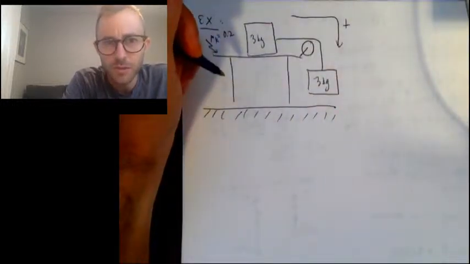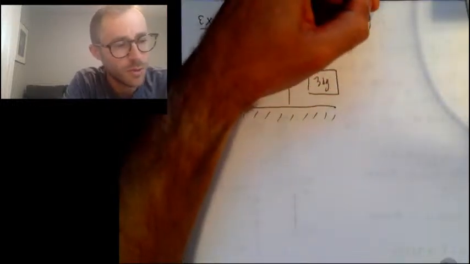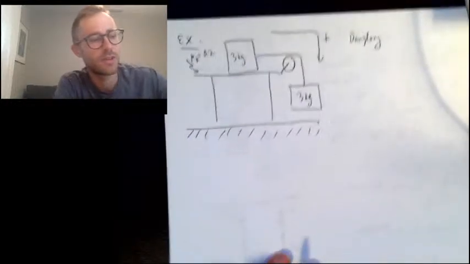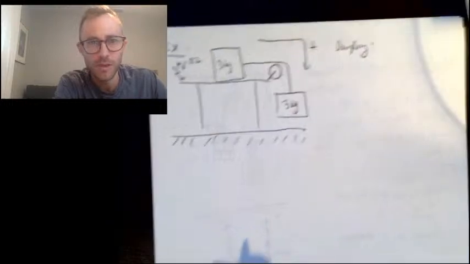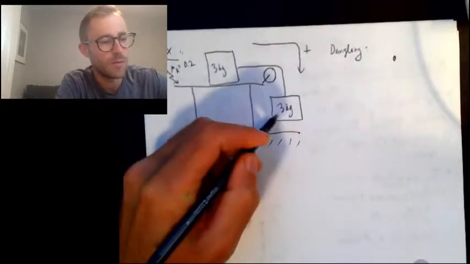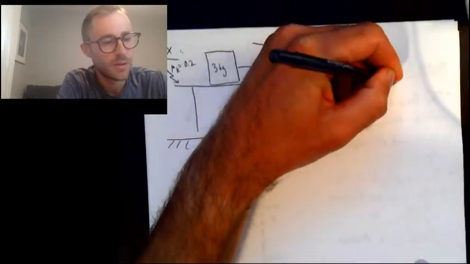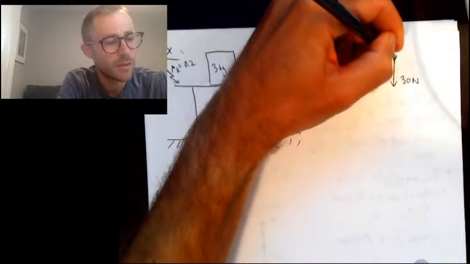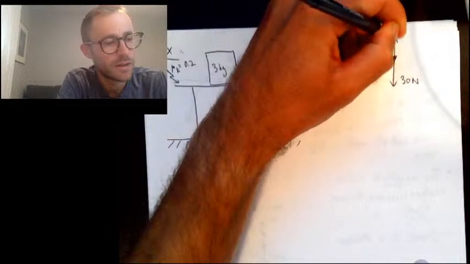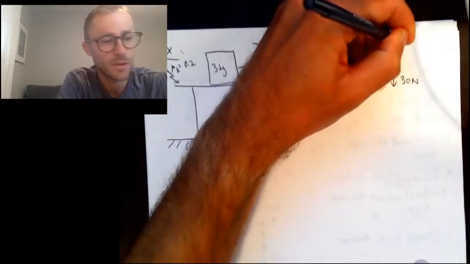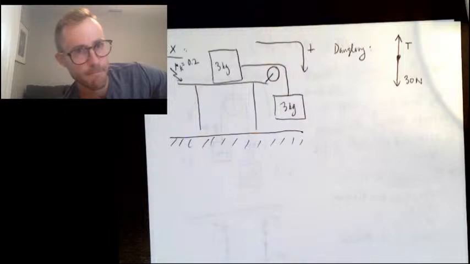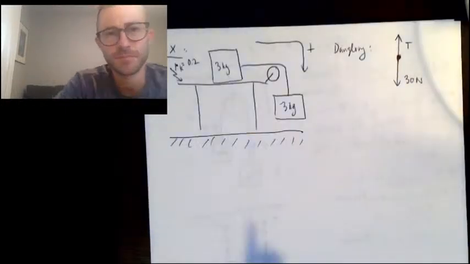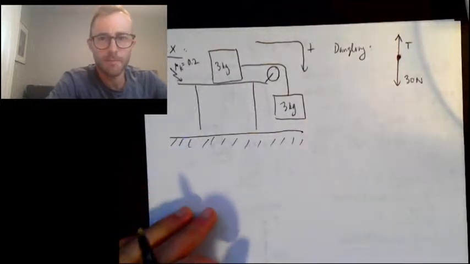So this is a case where I'm going to draw the free body diagrams, okay? So for the dangling mass, it is extremely simple. We just have a weight force of 30 newtons going downward, and we have a tension force going upward, okay? All right.